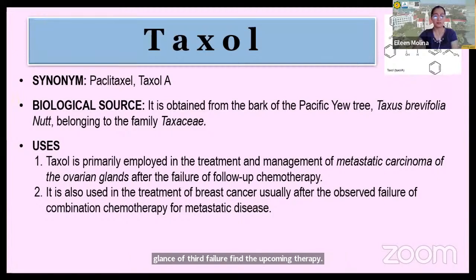It is used in the treatment of breast cancer, usually after the observed failure of combination chemotherapy of metastatic disease. So, Taxol may not be used as a preventive agent, but it is a very significant agent that is used in the treatment and management of carcinoma, metastatic carcinoma for that matter.